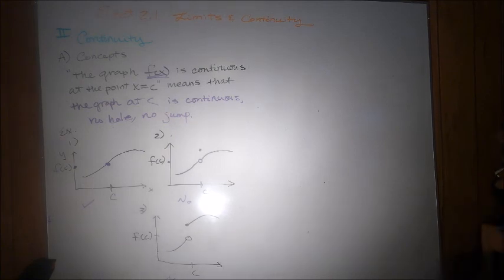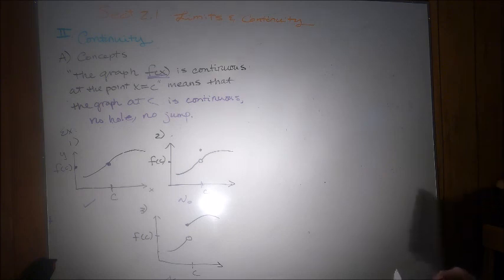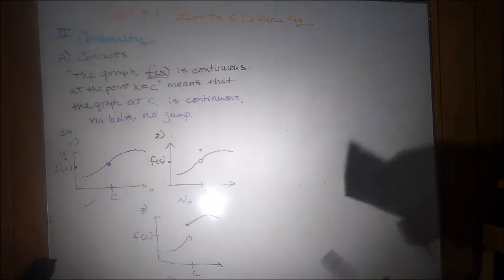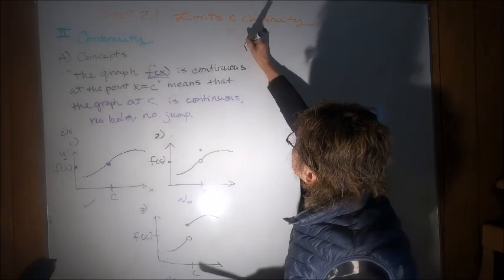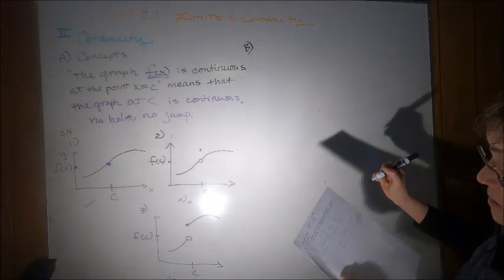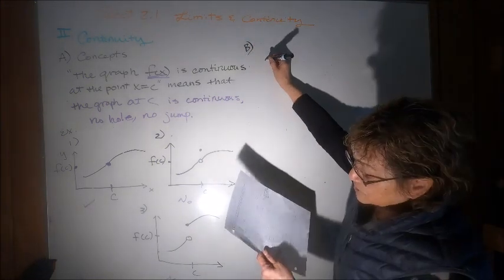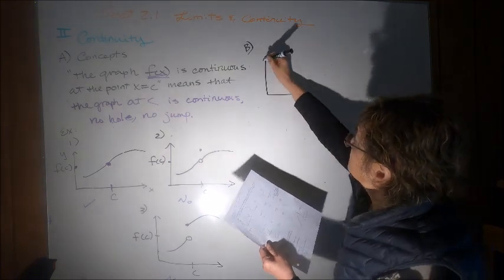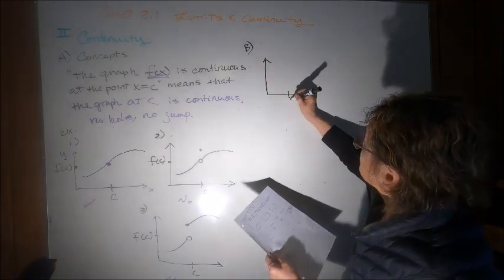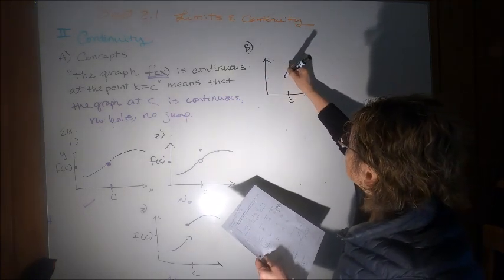Let's take a look at the next one, how we are going to connect continuity and the limits, because somewhat they are related. We identify them first, then take a look more. Here we have three things like this. First one, that's your c, that's your f of c.